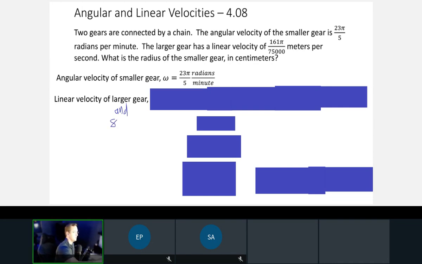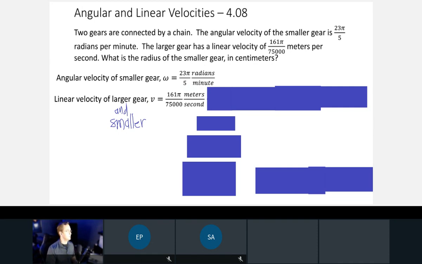Remember, linear velocities are the same when they're connected by the same chain. So the linear velocities of the larger and the smaller gear are the given, which is 161 pi over 75,000 meters per second.